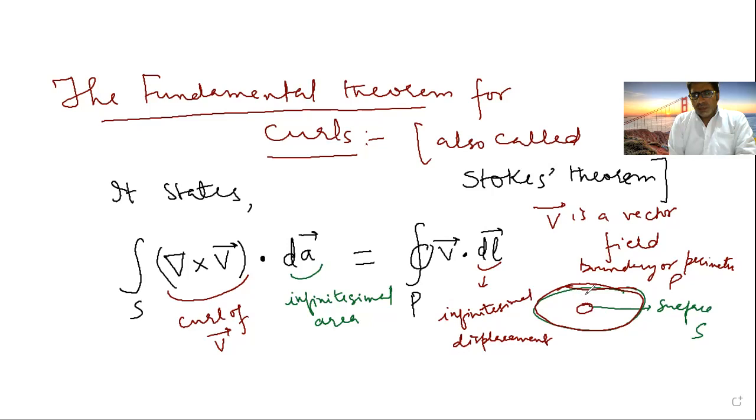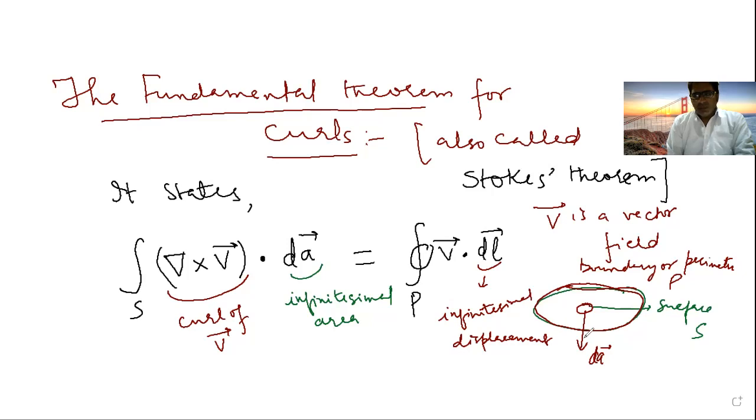We know that dA is represented by a vector, taken as normal to the surface. If the surface is open, you can take the area vector perpendicular to the surface either way, upward or downward. But if the surface is closed, the area vector is to be taken outward.